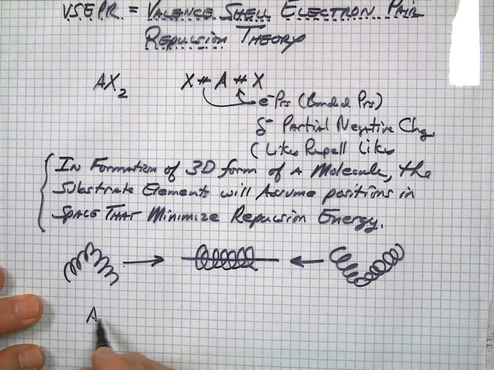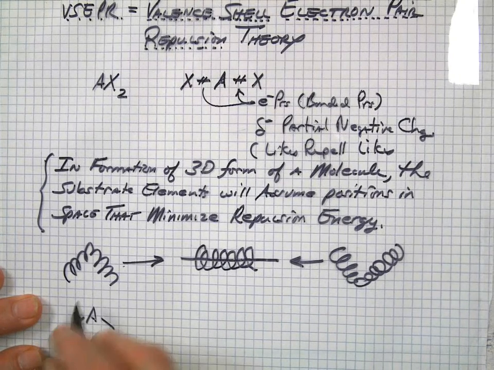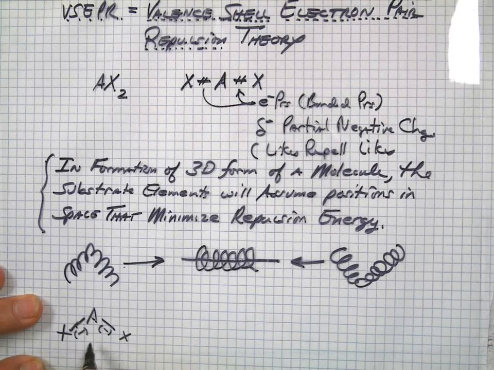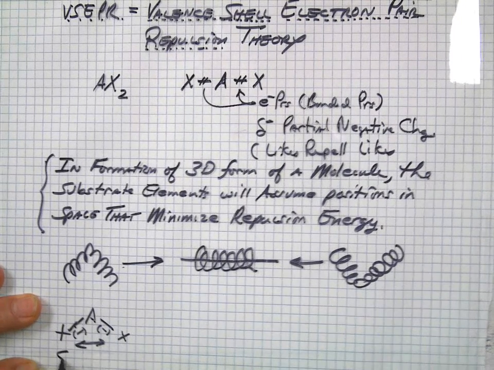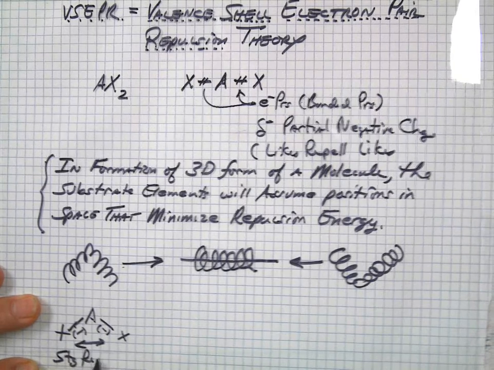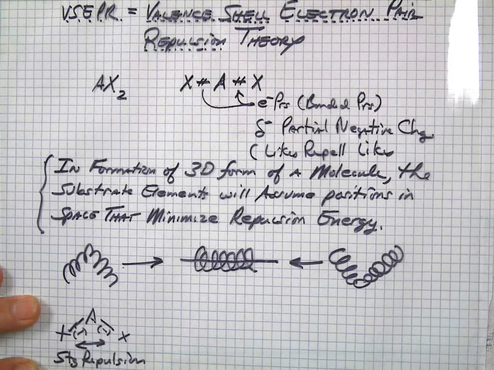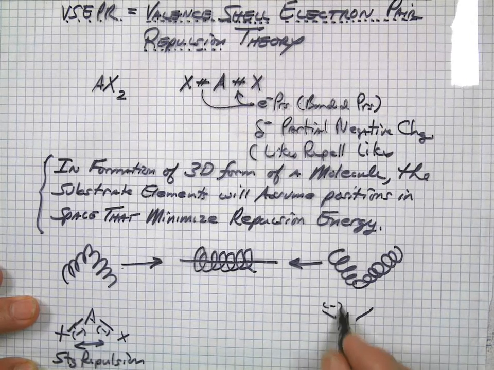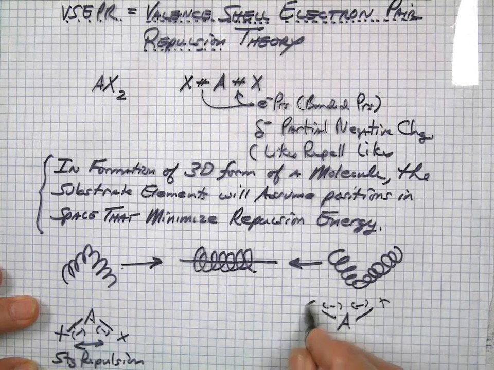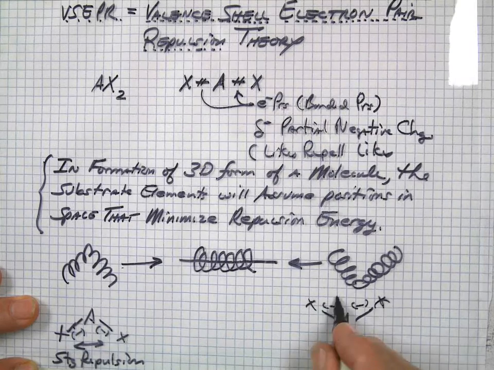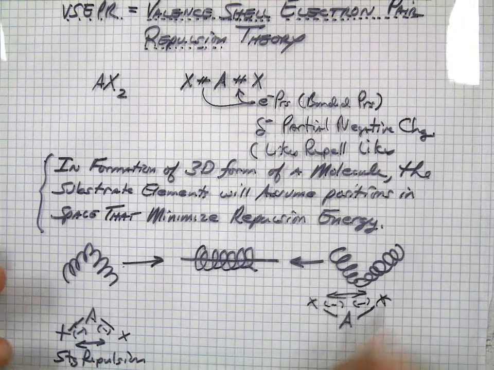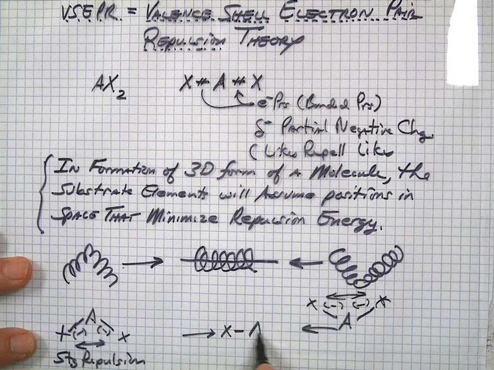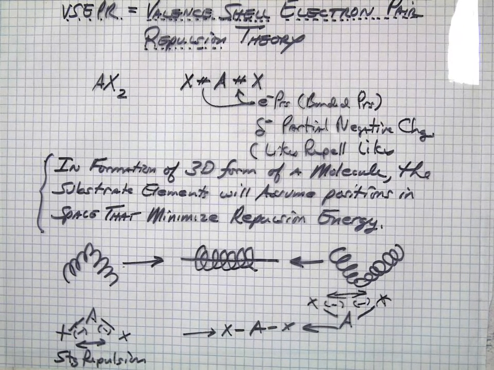If you have A with a strong negative charge here and here because of the bonds, there will be a strong repulsion. Just as A in this configuration would be a strong repulsion also. So both would have a tendency to arrange themselves in this configuration.